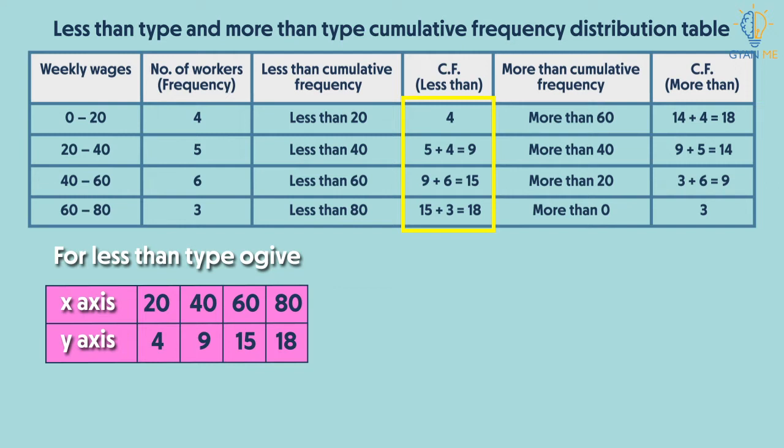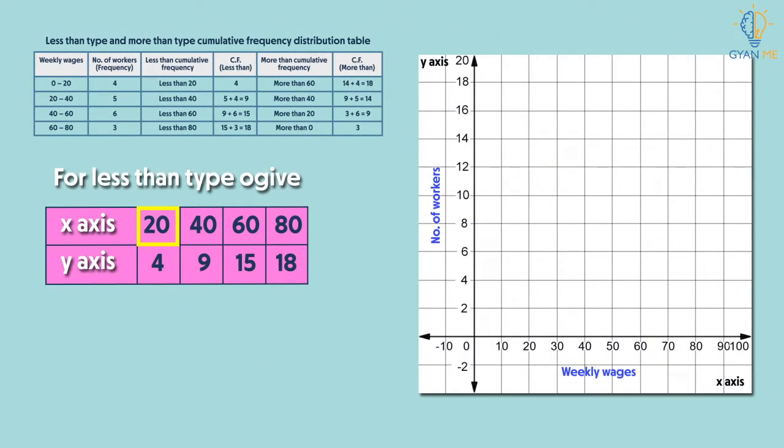We plot the points making ordered pairs of upper limits and their corresponding frequencies as x, y coordinates. That is 20, which is the upper limit of first class, and 4, which is the cumulative frequency of that corresponding class interval, as 20, 4. The next 40, 9, the next point is 60, 15, and the next point is 80, 18. And join all these points by freehand to obtain the less than type ogive.